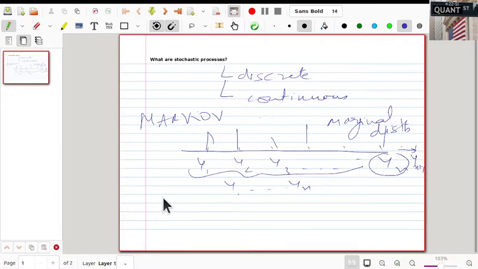So yn plus 1 given y1 up to yn equals yn plus 1 given yn, which means that a Markov process depends only on the previous value.